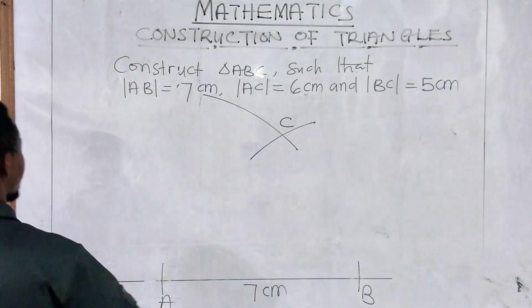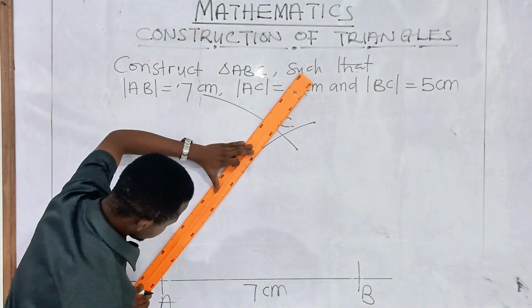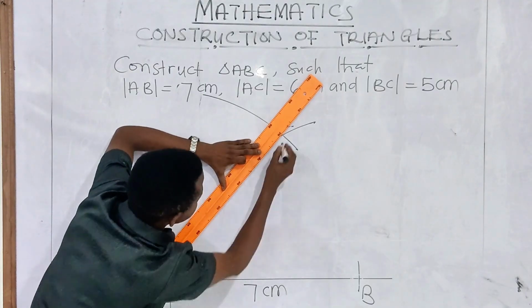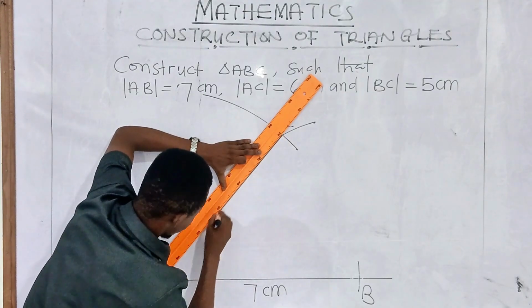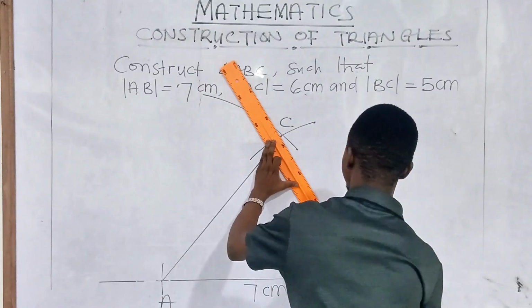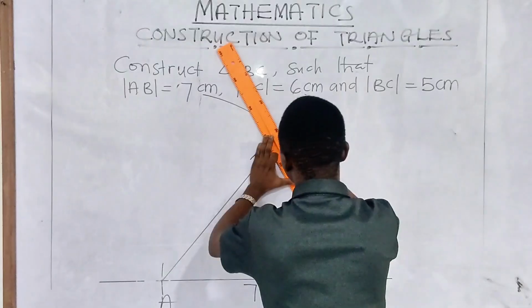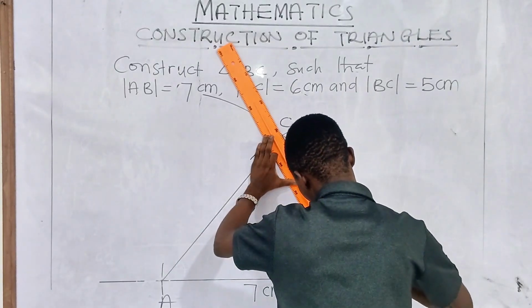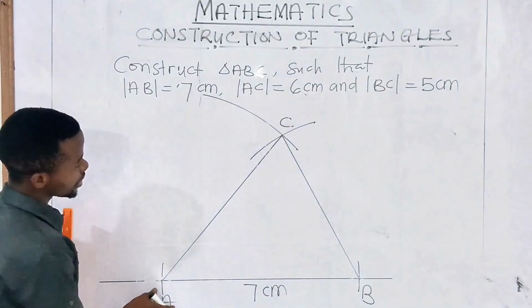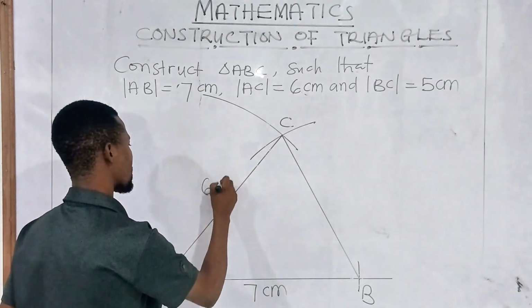Then after that, we will join. So we join our A to C. And we will join our B to C. Our magnitude for AC is 6 centimeters.